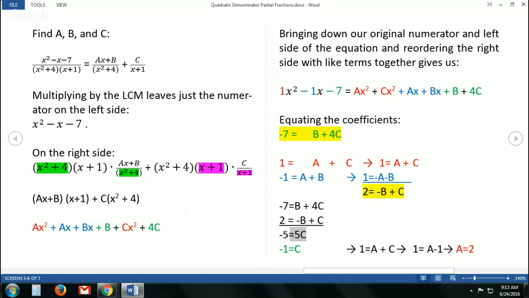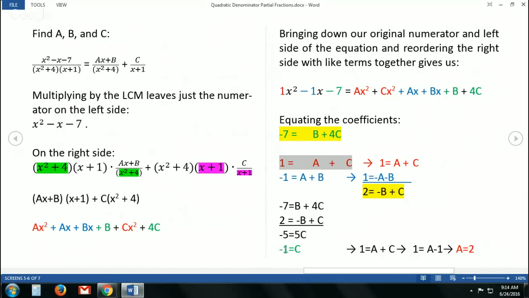Now, this is an easy equation for us to solve. If we divide both sides by 5, we'll find that c is -1. Once you know that c is -1, it's going to be easy for us to get the other variables. Coming right back to the equation here, where we had equated our x squared terms, we can now figure out what a is.